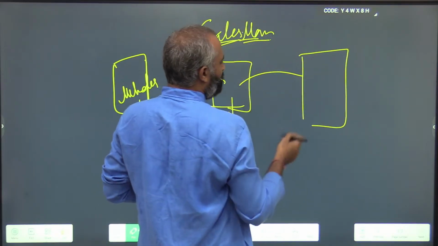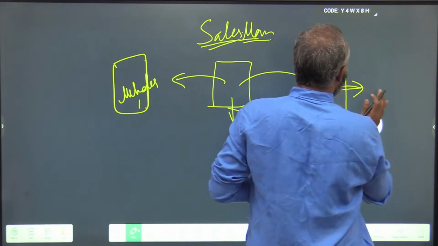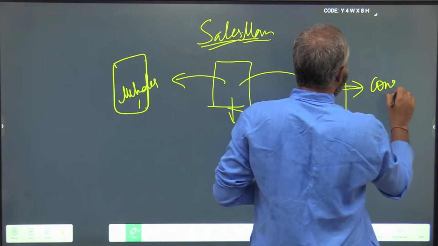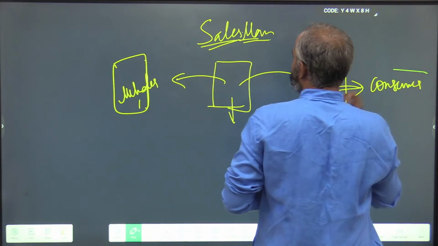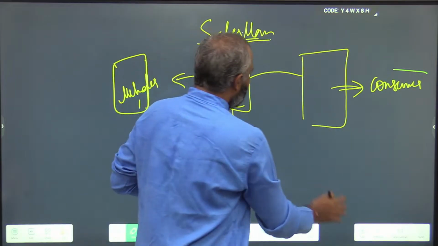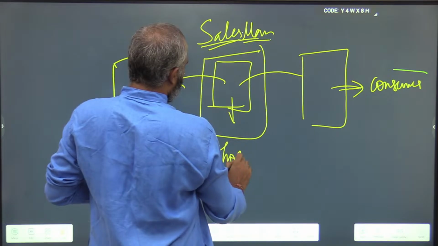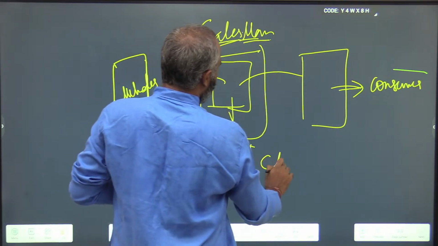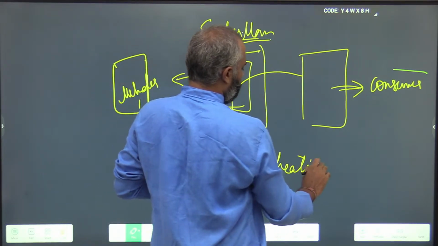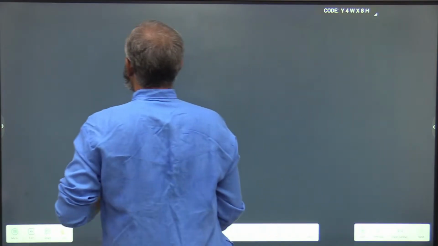He'll add his cost and he will sell to the consumer at some profit, so that the business is sustainable. Now, dishonest salesman comes when the shopkeeper involves in cheating. Okay. What is cheating? We'll just see that in a few seconds.